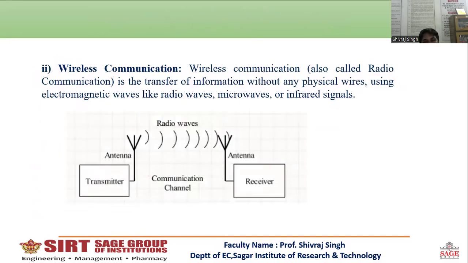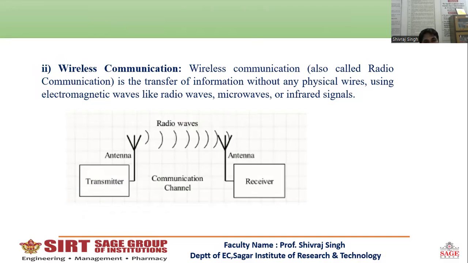Wireless communication, also known as radio communication, is where the information is transmitted without physical media, without any wire. That means we can transmit the information in free space, using electromagnetic waves or radio waves. There is no physical path or physical connection between the transmitter and receiver.